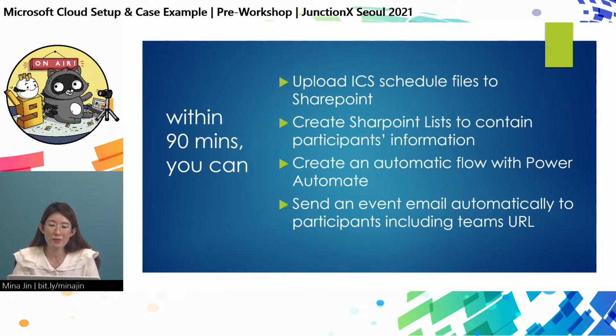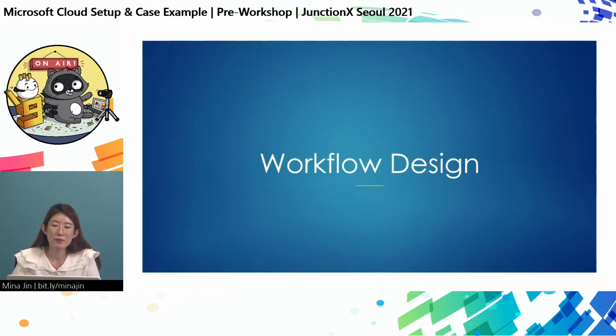And then I created an automatic flow with Power Automate, which sends an event email automatically to participants, including the Teams URL. So of course, it is the most important thing to know for sure what process you need in consideration of the overall business flow.